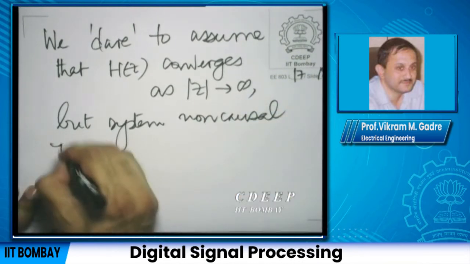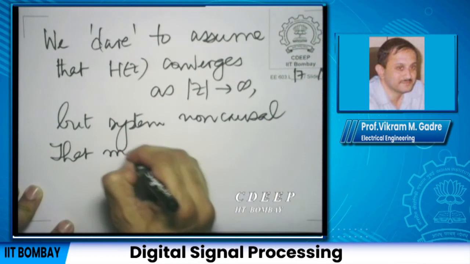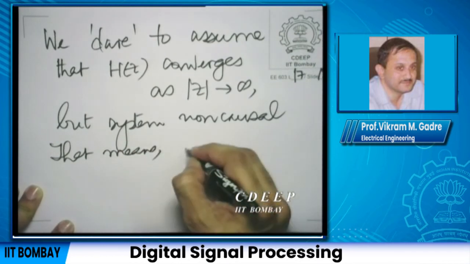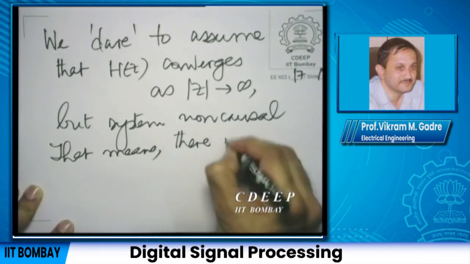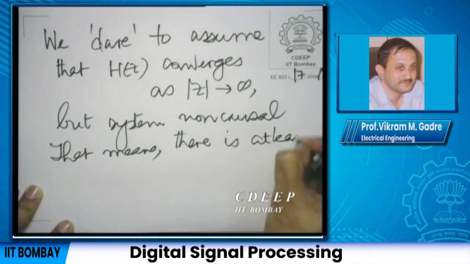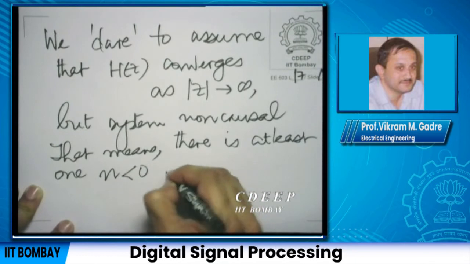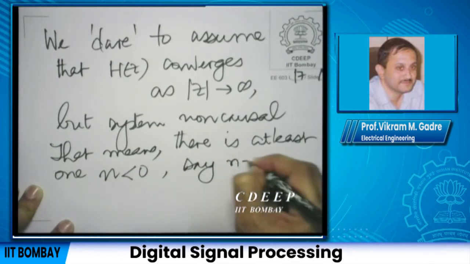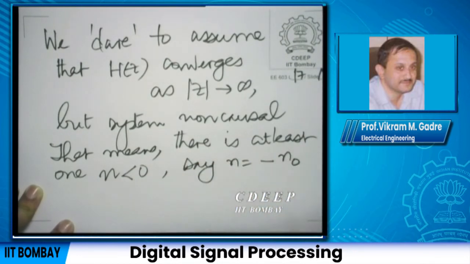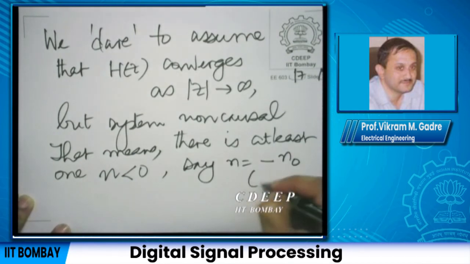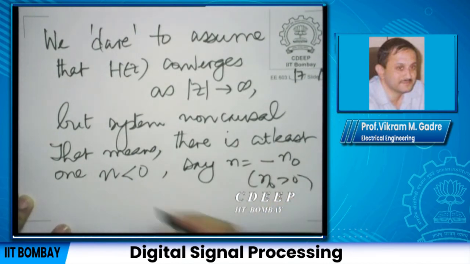That means there is at least one n less than 0, say n equal to minus n0. Of course, n0 is greater than 0 here, for which the impulse response is not 0.